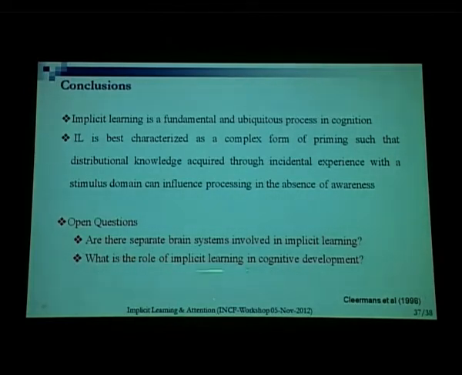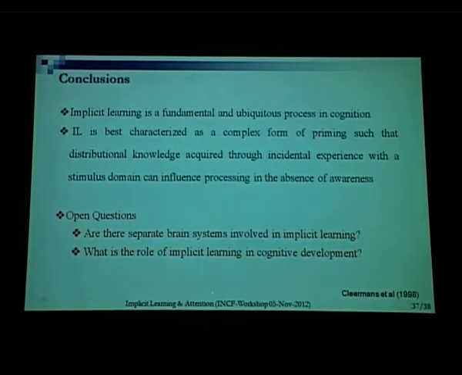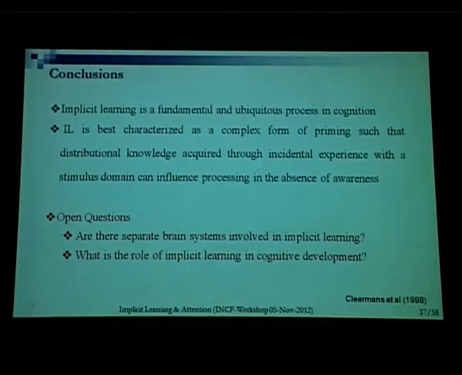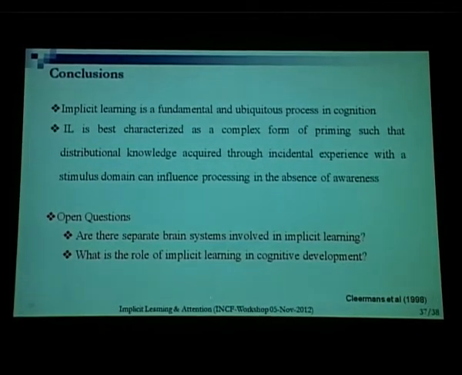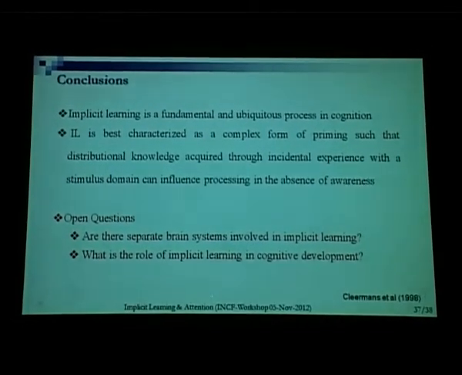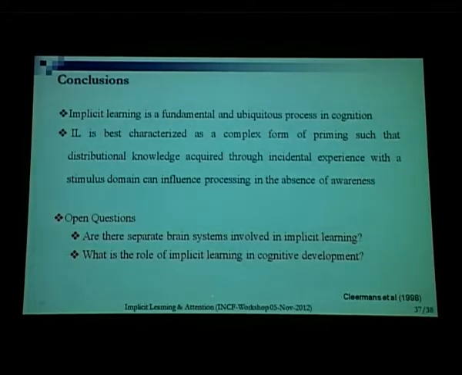The other issue of interest to us is the role of implicit learning in cognitive development. The ability to sequence stimuli is fundamental to many cognitive capacities that develop during the developmental stages, including language acquisition. All of these have highly stylized sequential behavior.